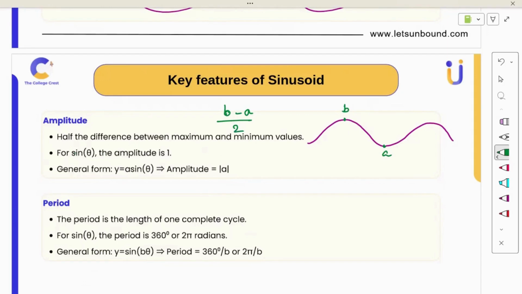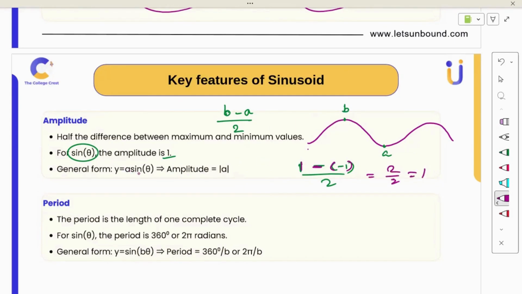For the parent function sine theta, the amplitude is 1 because the maximum is 1 and the minimum is minus 1, divided by 2. The formula is subtract, don't add. Mostly we make a mistake, because the average formula strikes our mind there. So it's B minus A by 2. The formula has a minus, and your minimum is negative. So 2 by 2 is 1.